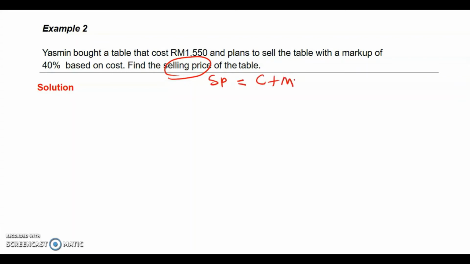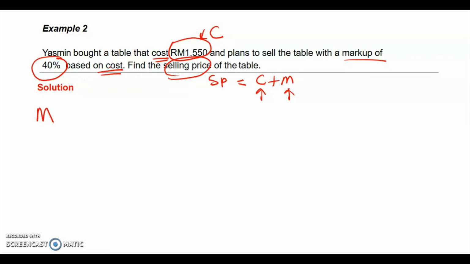C plus M. From the question, this price is the cost price, C. And Yasmin wants to sell it with a markup of 40% based on cost. To find the selling price, you need the cost price and also the markup amount in ringgit. But now the markup is given in percentage. So you must find the markup amount.